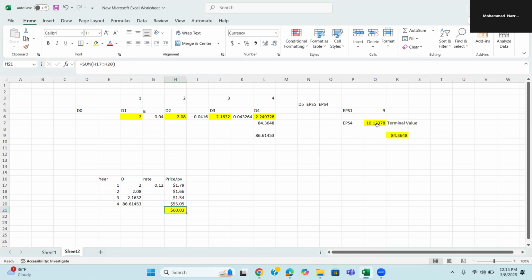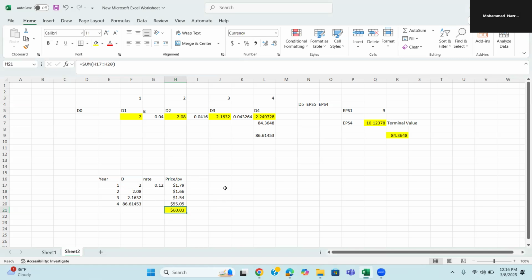And after calculating it, you get your present value, the terminal value or the price without any growth. You just divide it by the cost of equity 0.12, and then you have all of your values for the 4 years, and then you get the present value, or the discounting, just to get the price here.